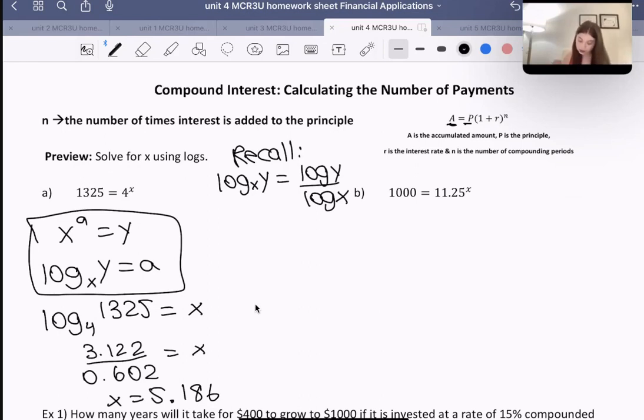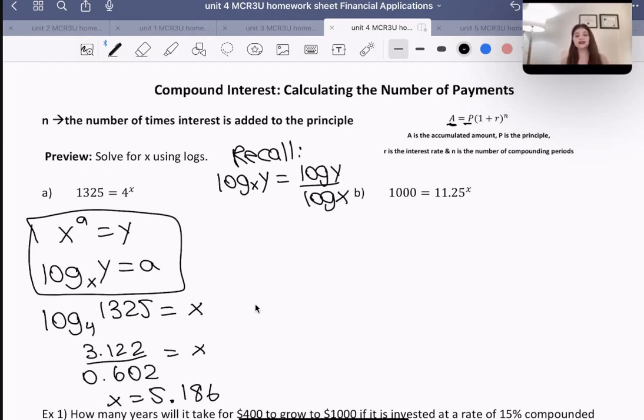So basically, to check this now, what I'm going to do is put in my calculator 4 to the power of 5.186. And just a reminder, it's not going to actually get us 1,325 exactly because 5.186 is an approximation, right? We had a much longer decimal than that, but it should get us extremely, extremely close, like within a few points of 1,325.